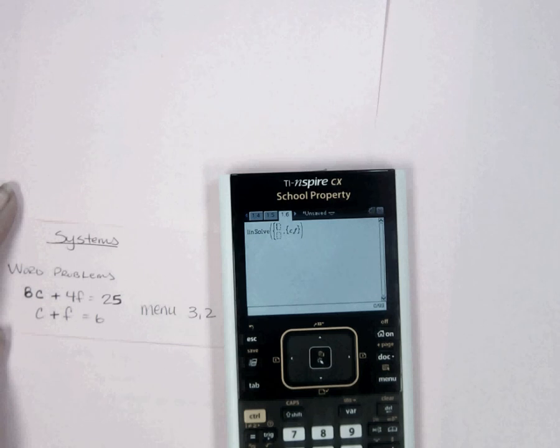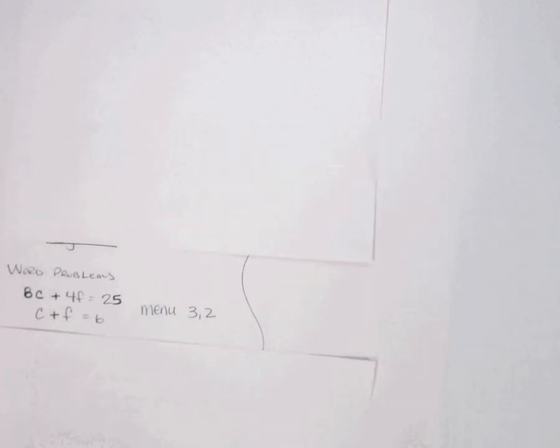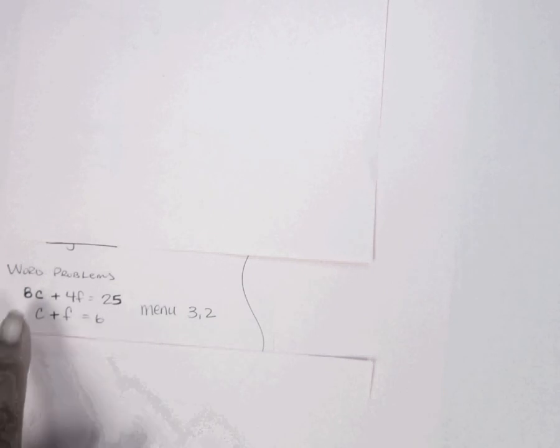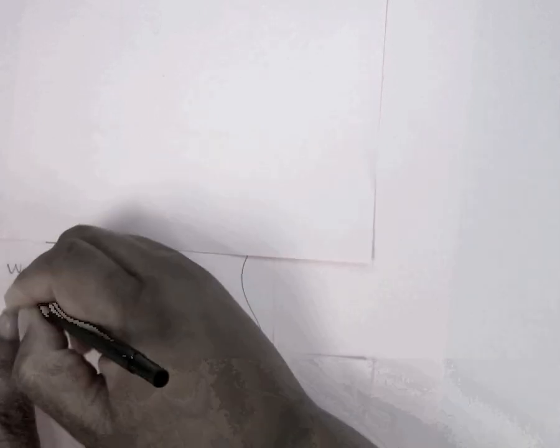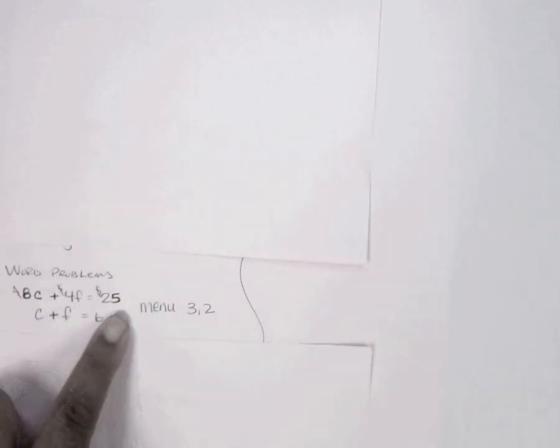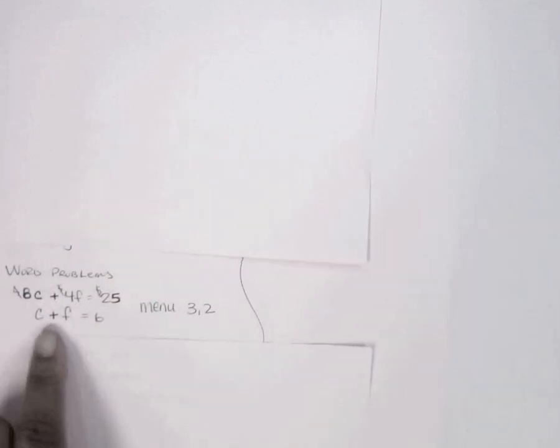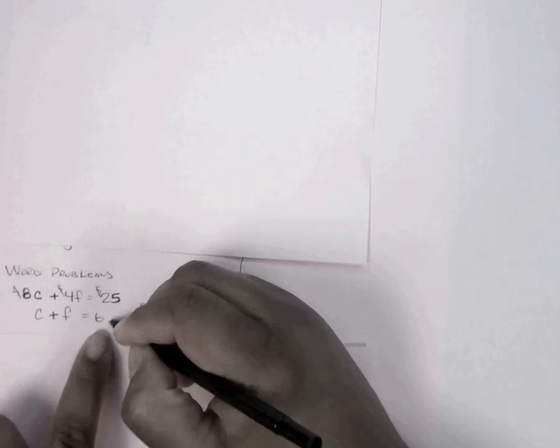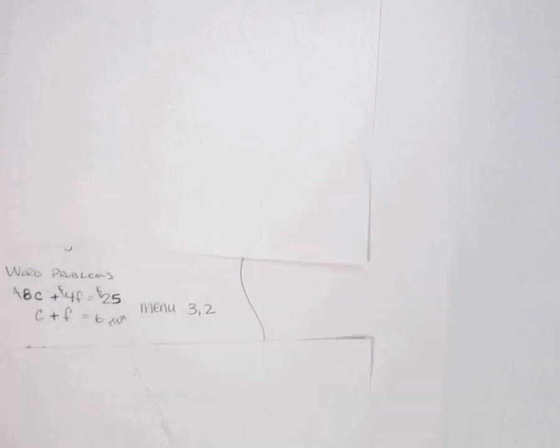And that will tell me how many cookies and how many packages of fries that I have. Okay? Remember that. So $8, money goes with money. $8, $4, the $25 is the total. And 6 is how many items, so I'm counting the items when I do C plus F.